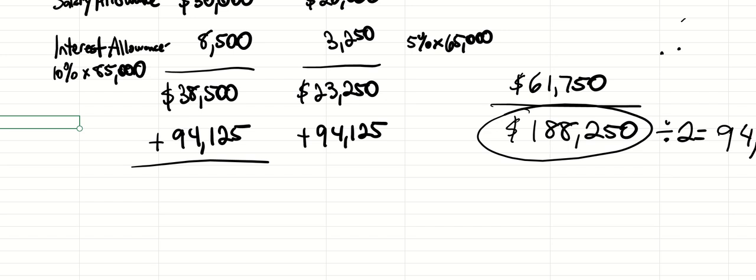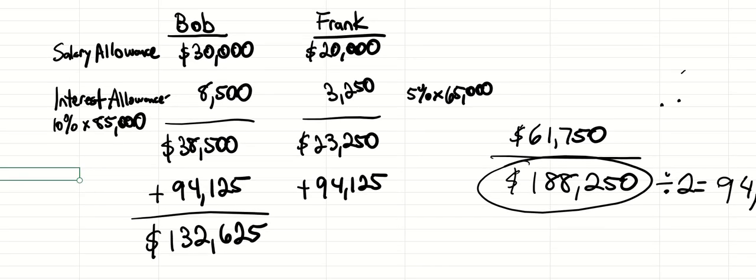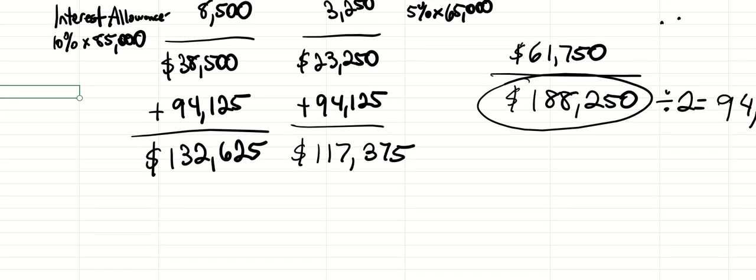So we take $38,500 plus $94,125. That's going to give us $132,625. It's going to go to Bob. And then for Frank, that's going to give us, Frank is going to get $117,375.